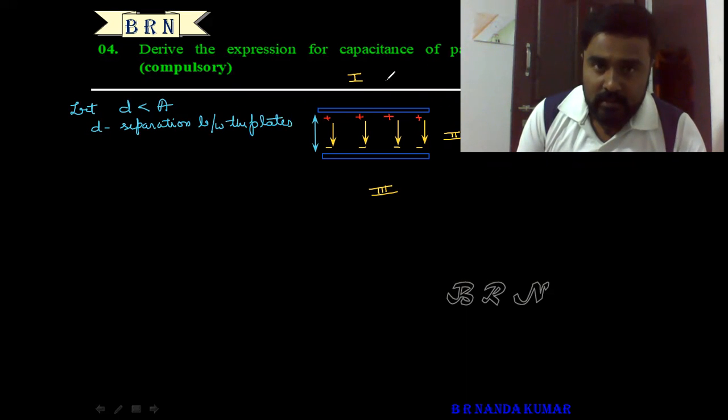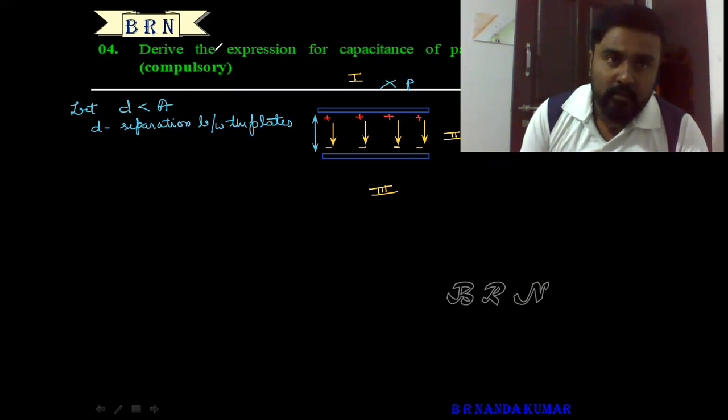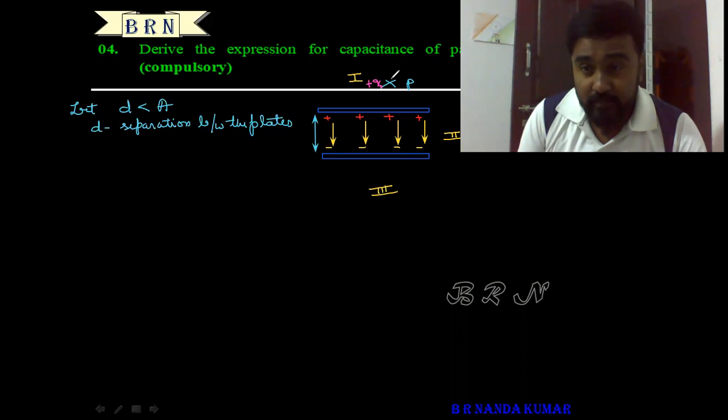Now consider an observation point in region 1. A unit positive test charge is placed at point P. To find the electric intensity at a point, the unit positive test charge should be there.